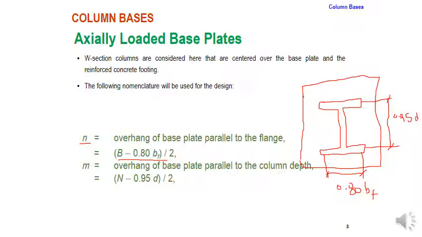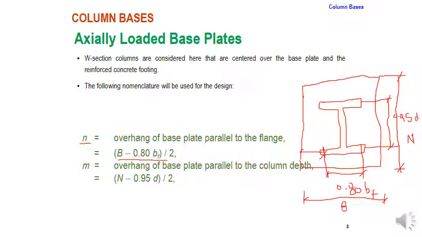Now this total dimension, starting from here till both edges, will be equal to capital N, and this dimension parallel to the flange is equal to capital B. If this is the case, then M and n are the individual overhangs. Overhang means starting from the edge of the supported part of the flange, this one, till the edge of your base plate.